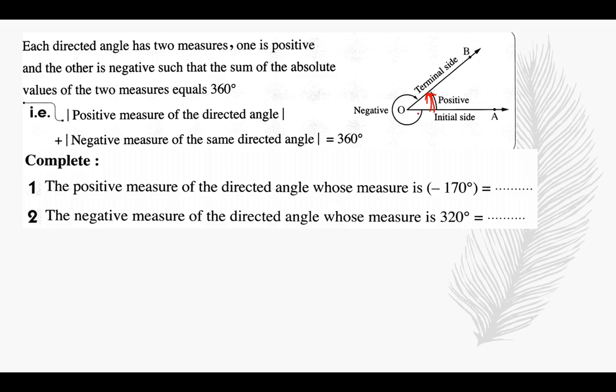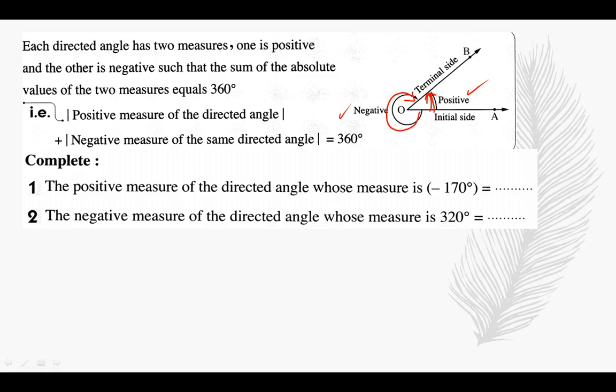And if you start from the initial side to the terminal side in this direction, this is the negative direction, so the measure will be negative. So any directed angle has two measures. One of them is positive and the other one is negative. And the numerical sum of the positive angle and the negative angle equals 360.